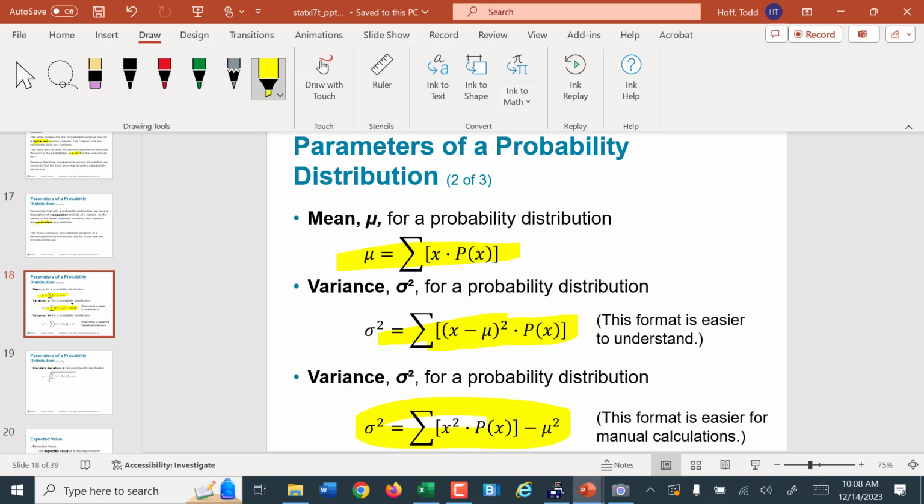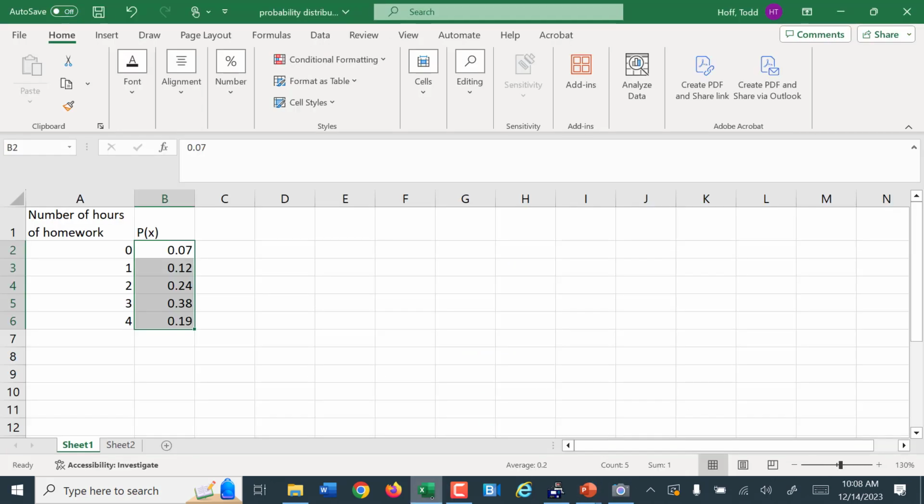Then we have the second, the alternative formula for the variance, which is, if we're using Excel, it's much easier to do this formula just because it allows us to use sums rather than other things. These formulas are kind of tricky to understand just by looking at them. So let's go ahead and take a look here at an example.